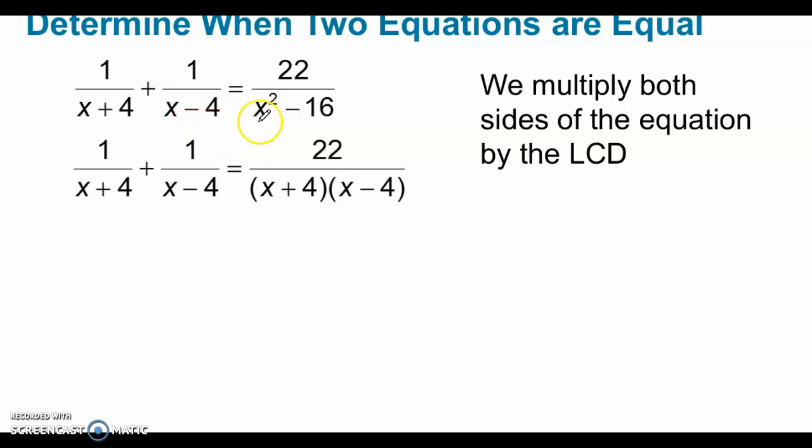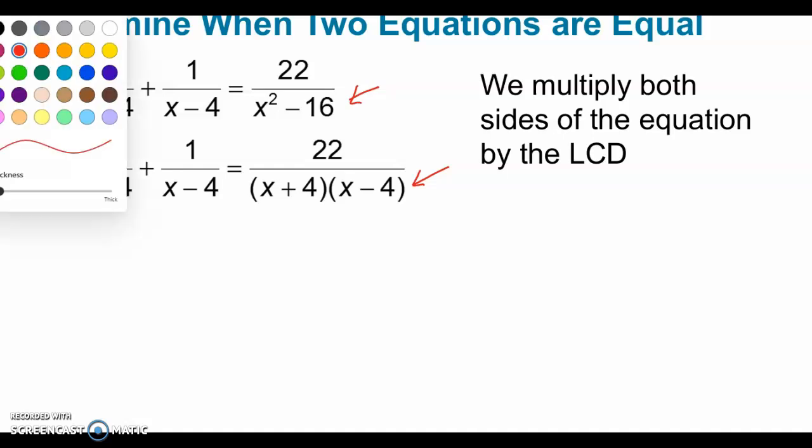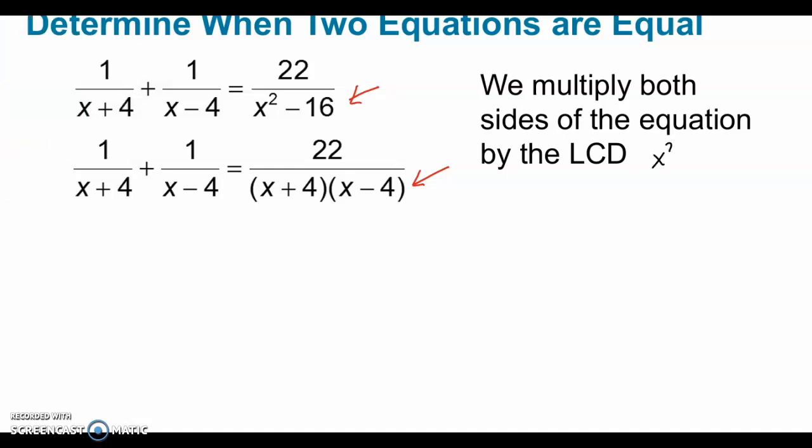We'll notice that on the bottom of this page we have x squared minus 16 over here, and now they have written x plus 4, x minus 4. So how did they go from this to this? Well, this is called the factored form. We have taken the x squared minus 16 and factored it into two factors.